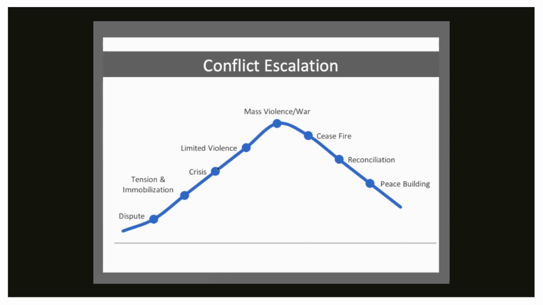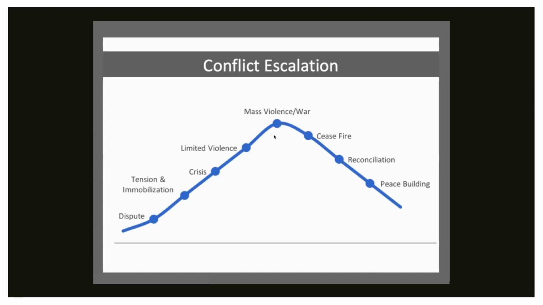And then if we cannot handle the crisis, it becomes limited violence and then mass violence or war. It is when 100 people become victims, dying, all of the infrastructure is damaged or anything.